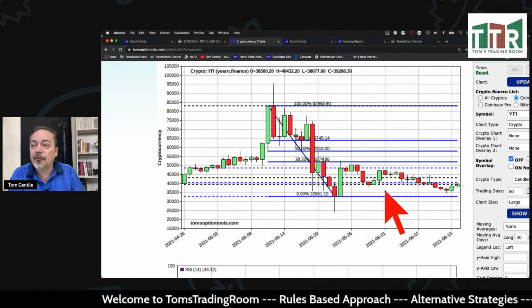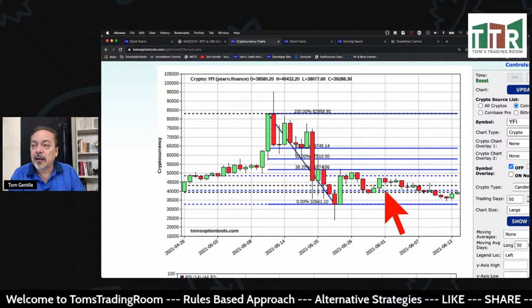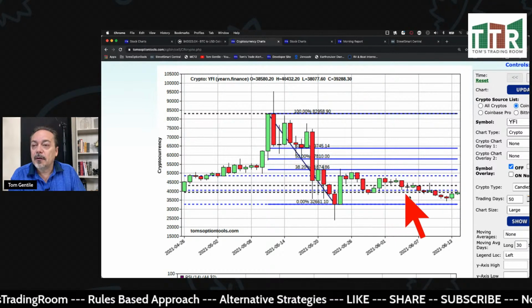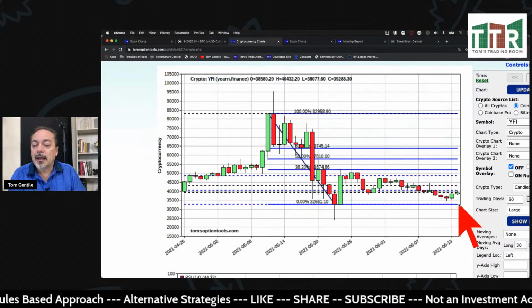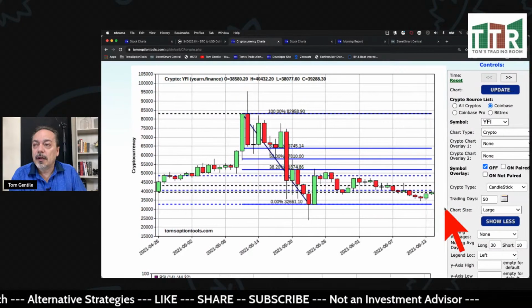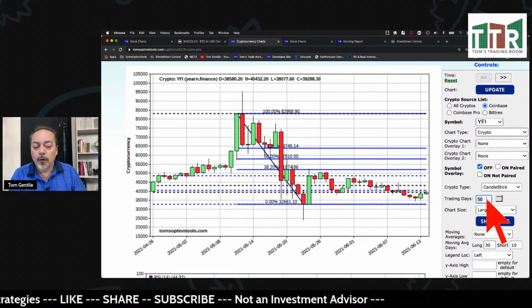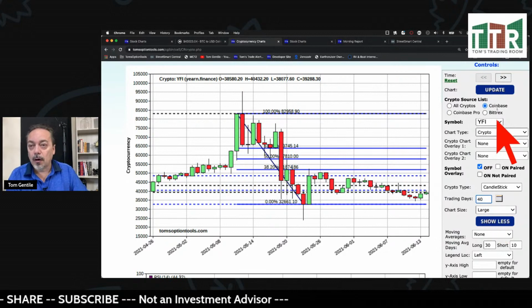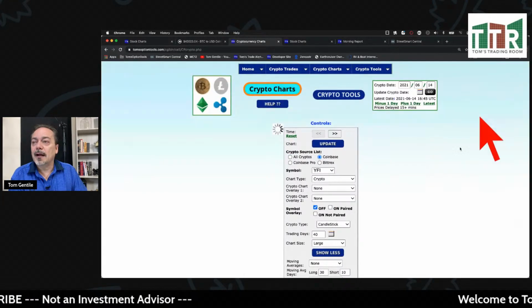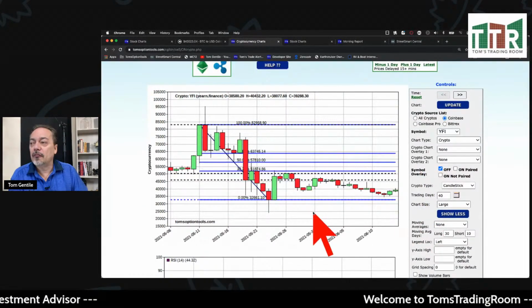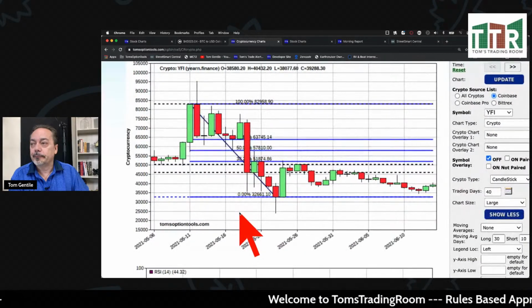And where do we sit in the area of Yearn Finance? All right, we sit right in here. I can even take a 40-day chart and widen this out even more, because I just want to get the information on the screen that's the most relevant for us to look at.